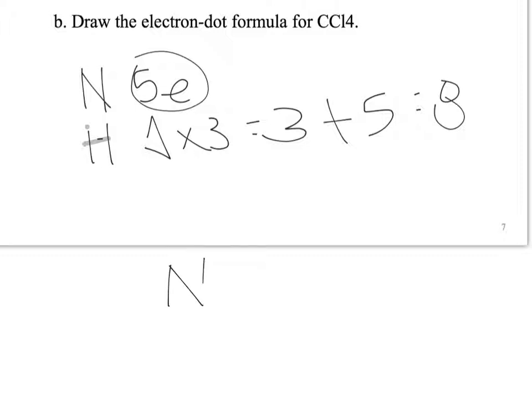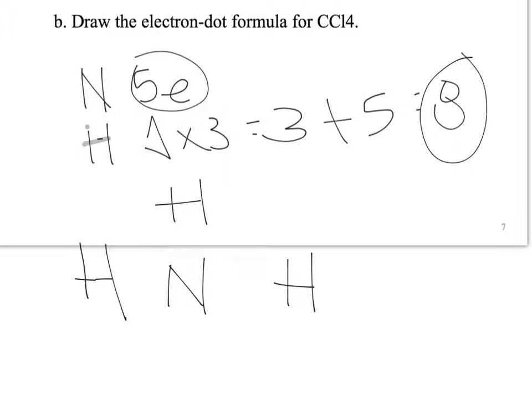Therefore, nitrogen is going to be the central atom. We put all the hydrogens around because hydrogen only likes to make 1 bond. We have 8 electrons, so we place 1, 2, 3, 4, 5, 6, 7, 8. And then we're going to share the electrons. We share here, make a bond, share here, make a bond, and share here and make a bond.